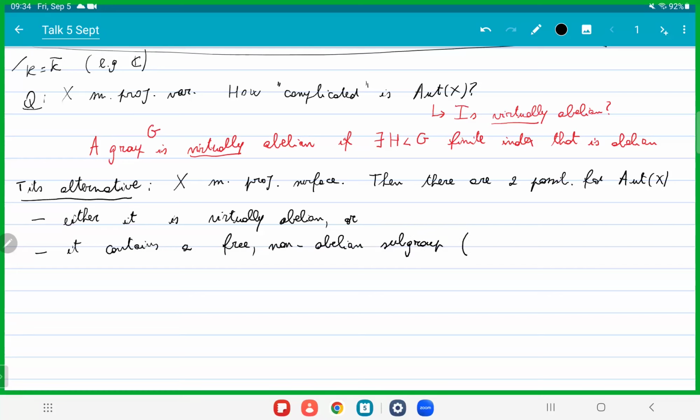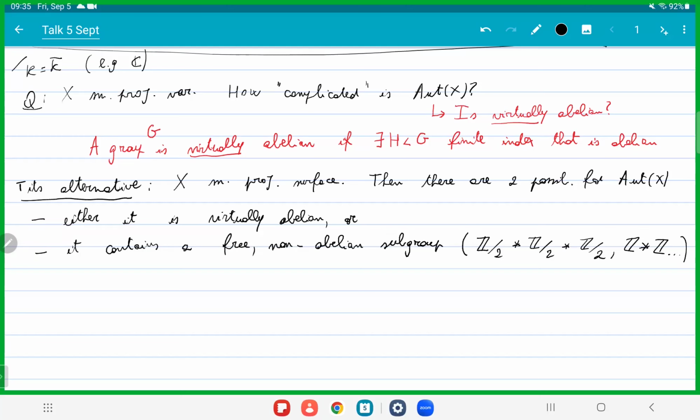And by free, I mean like a free group, so a free product of groups. In this case, we want it to be non-abelian. So for instance, you can think of Z2 star Z2 star Z2. This is free and non-abelian. Be careful that if you only put two copies, then it is virtually abelian, so we don't want that. Or for instance, we consider Z star Z, or many other possible groups.